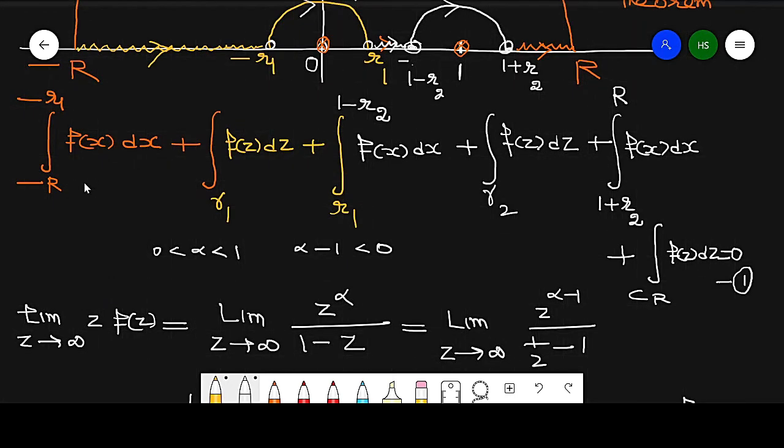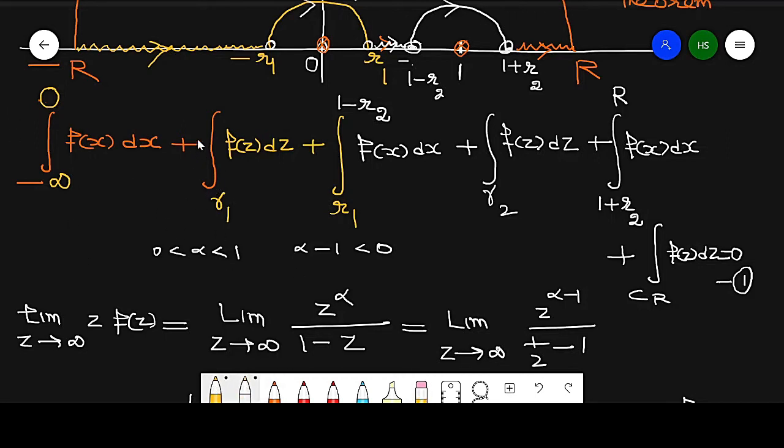Now this capital R approaches infinity, and this approaches 0. So it means minus infinity to 0, right? The minus is removed, so minus infinity to 0.